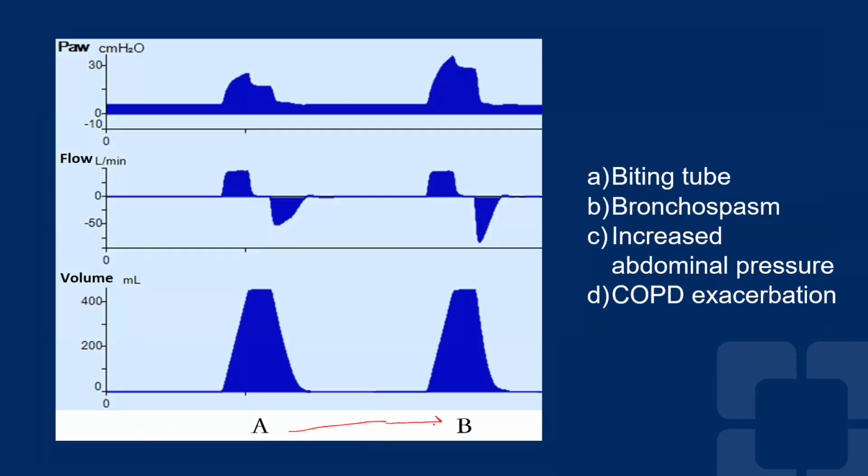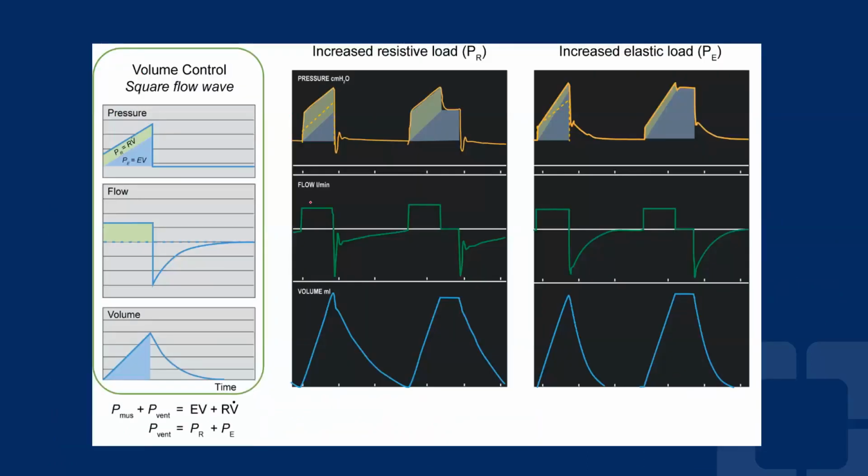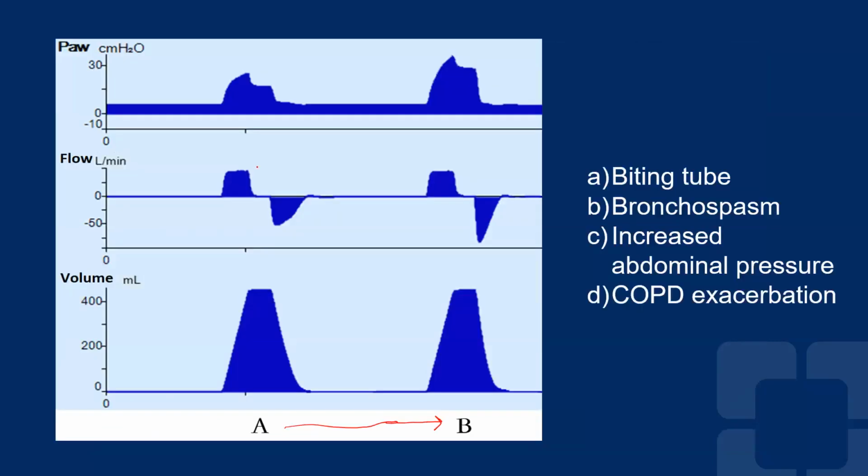And then I always like to look at the expiratory phase too. If you see the expiratory phase, it returns to baseline really fast, in matters of less than a second. So this is not consistent with biting the tube, which would increase the resistance.